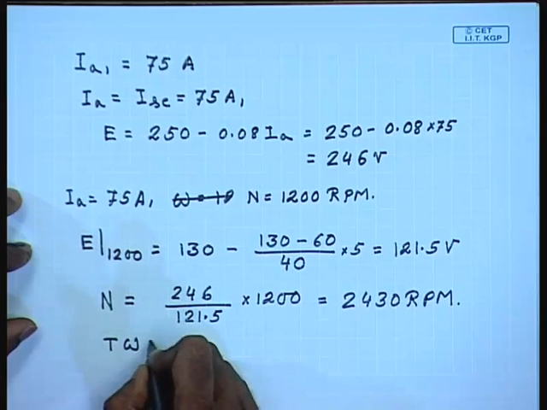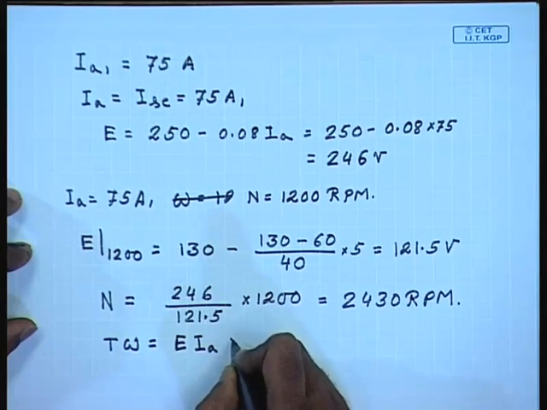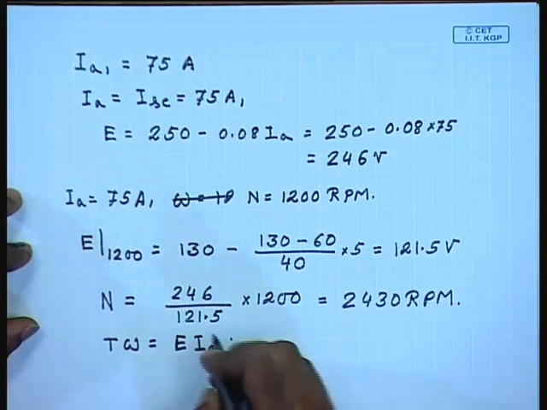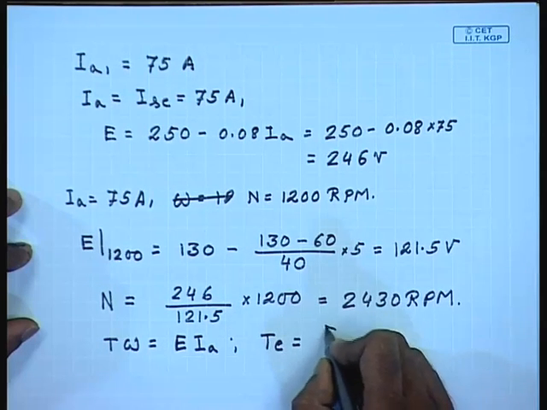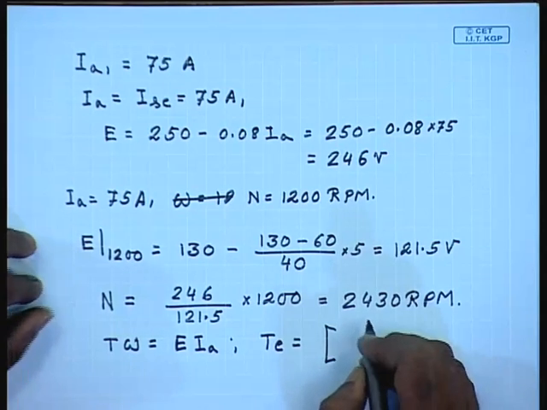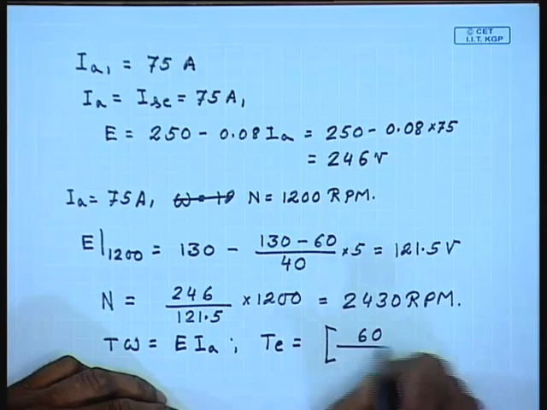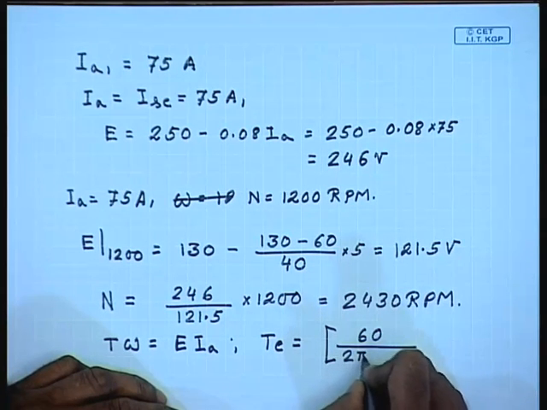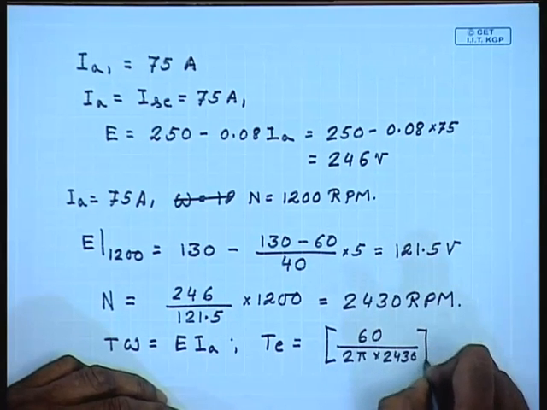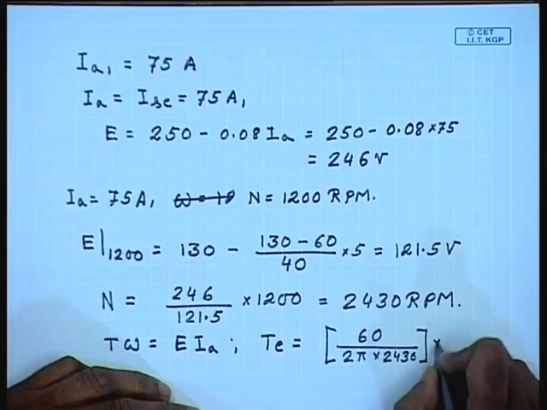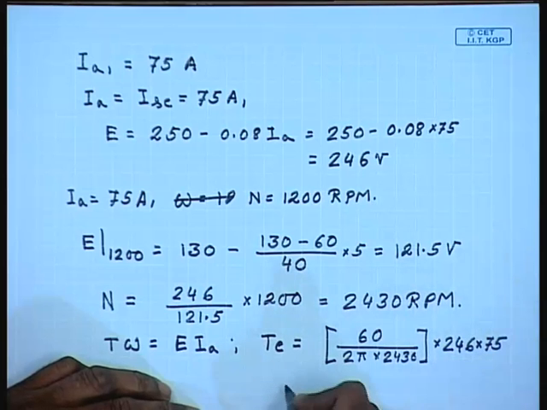What will be the torque? T omega equal to E Ia, so torque will be equal to 60 by 2 pi into 2430 into 246 into 75.